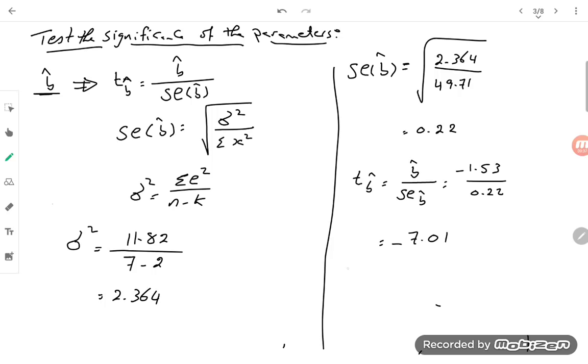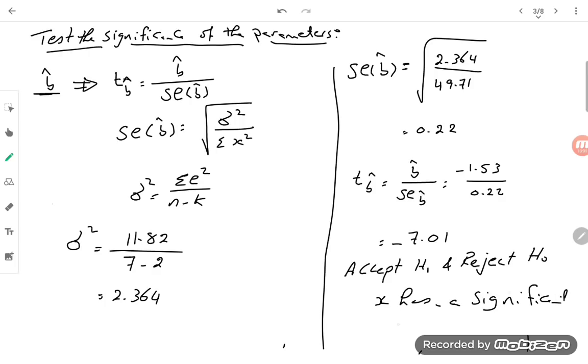So in this case, we are going to accept H1 and reject H0, which means that X has a statistically significant impact on Y.